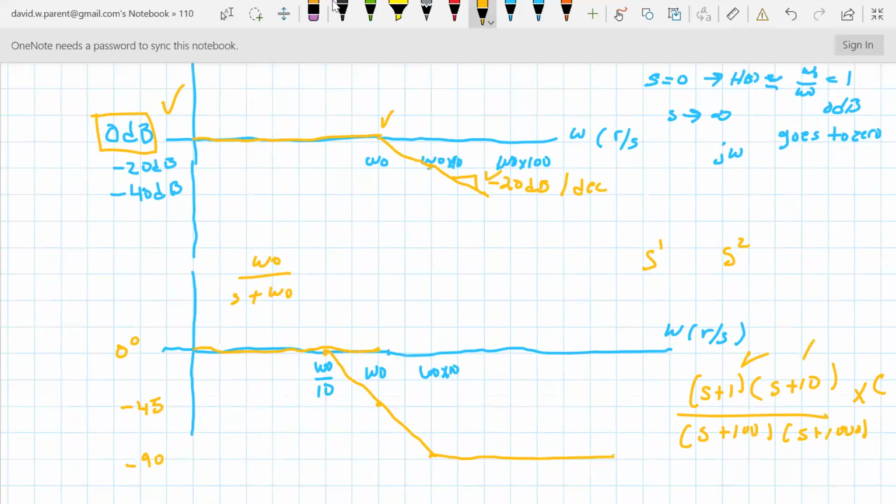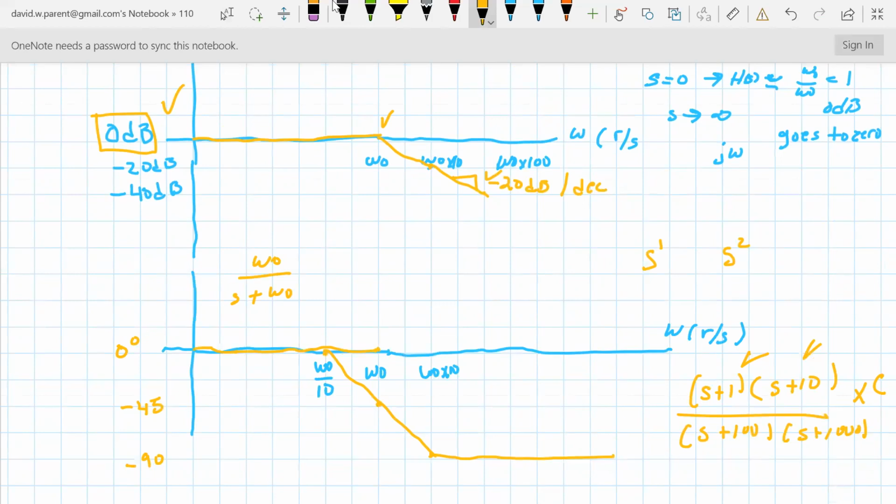You kind of do each one separately and then sum the results. But for a high or a low pass filter, it's as easy as finding omega naught. That's where it goes. And for first order, it's minus 20 dB. And for every order, you get a minus 90 degrees phase shift.